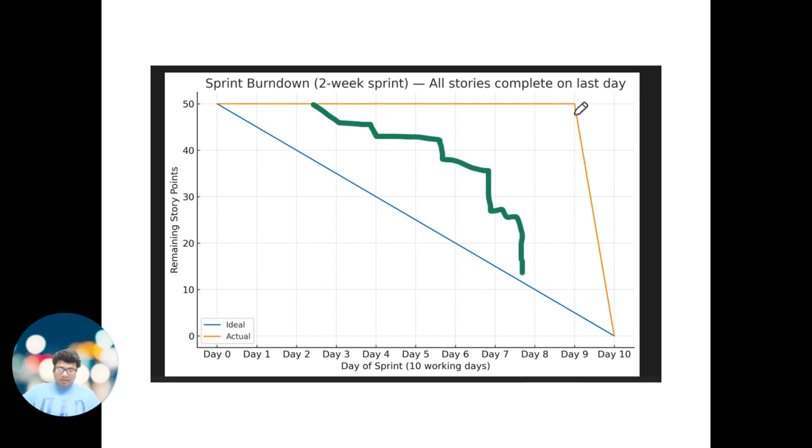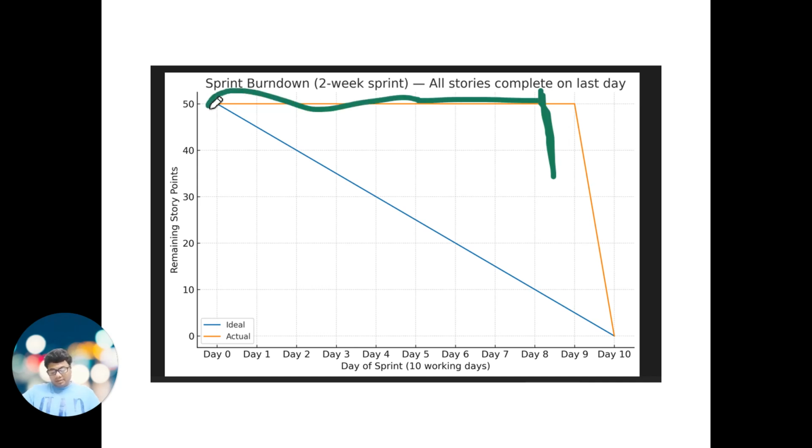Because the problem with this is that till the ninth day, nothing is complete. So there is too much uncertainty and risk. The idea of working in Scrum is to reduce uncertainty and risk.